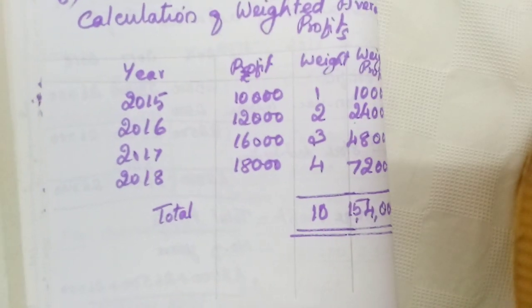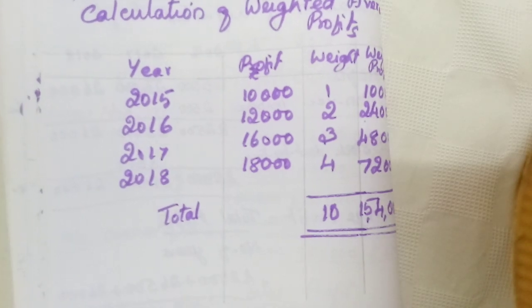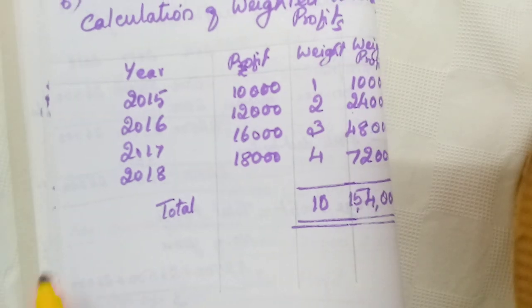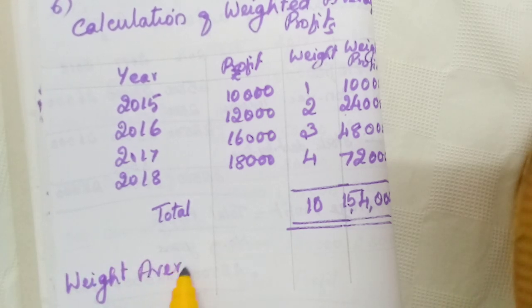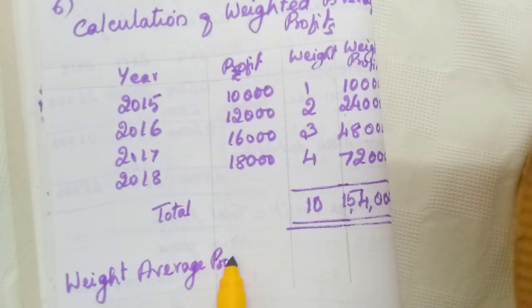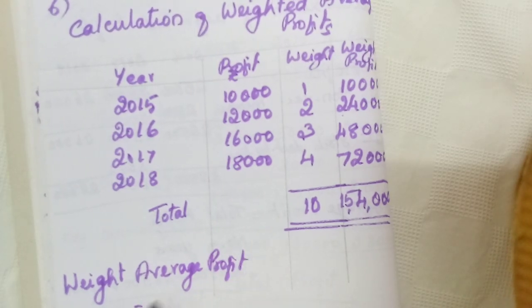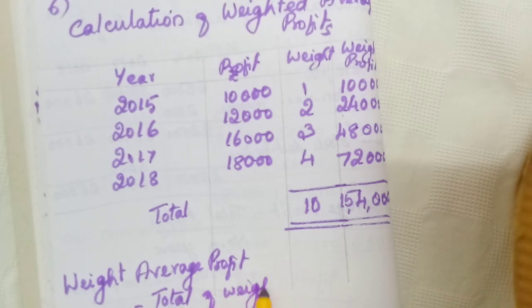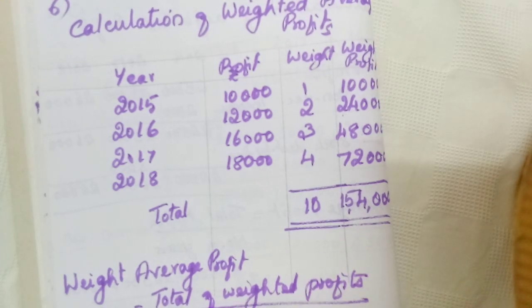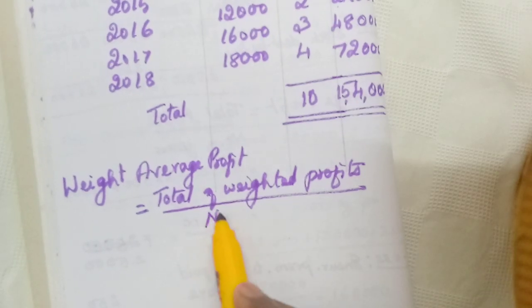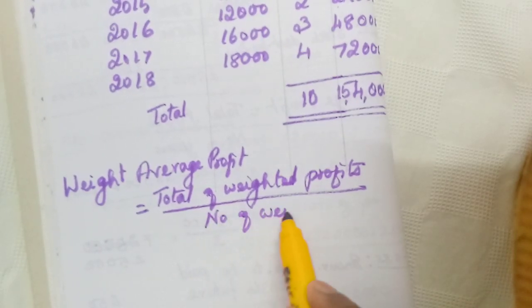Now we need to calculate the average profit. There we wrote simply average profit. Here we have to write weighted average profit is equal to total of weighted profits divided by number of weights.